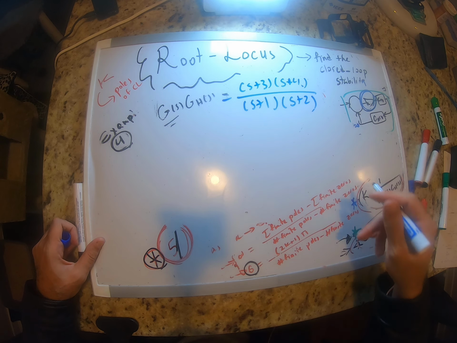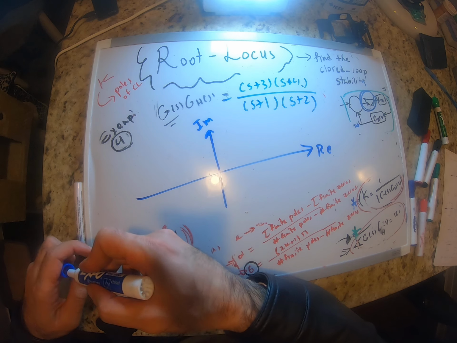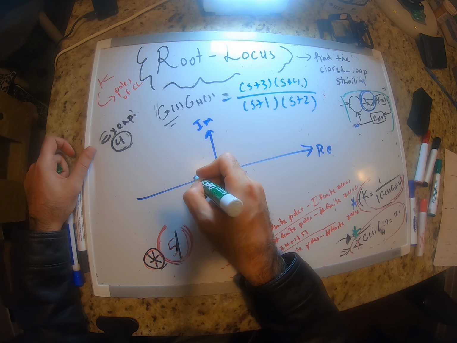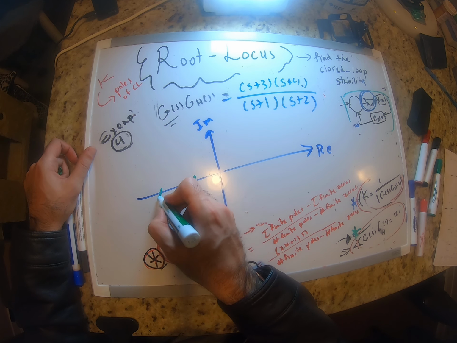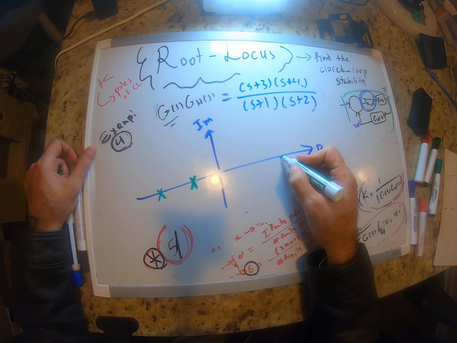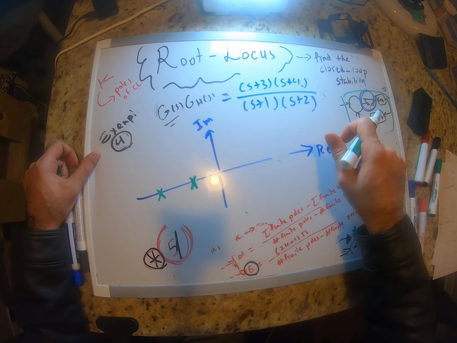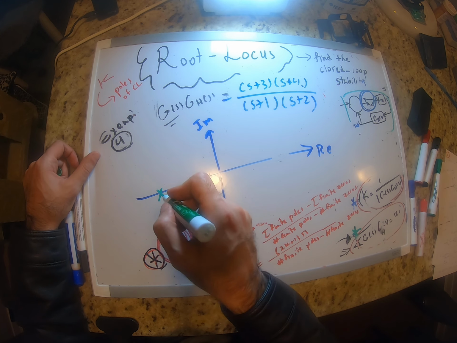This is a good example actually. So let's first locate the poles and zeros. This is one pole, this is another pole, this is a 0. Oh, we already did this one. Sorry, I made a mistake. No, it's not this one. S plus 3 and s plus 4, sorry.